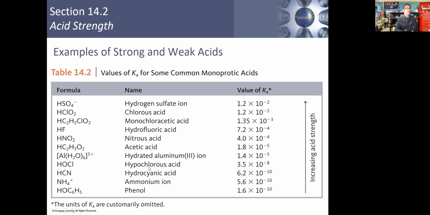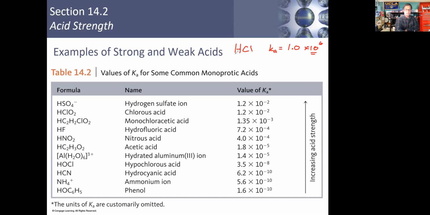Compare that, you guys, to the one I just gave you for hydrochloric acid. I said that the Ka for HCl, and I can't remember the coefficient off the top of my head, is on the order of 10 to the 6th. That is much, much greater than this, which means this acid almost completely dissociates.